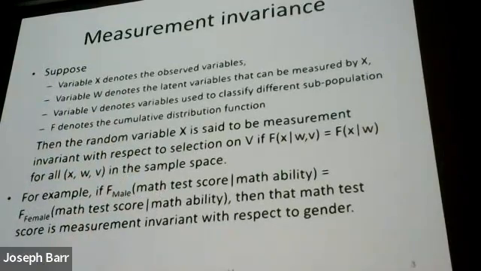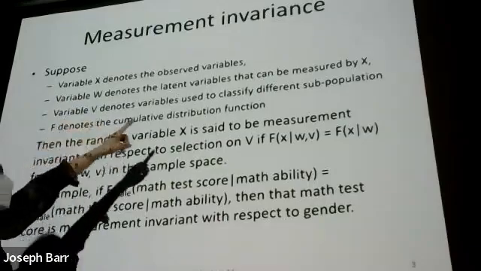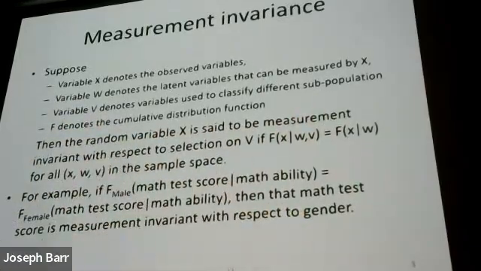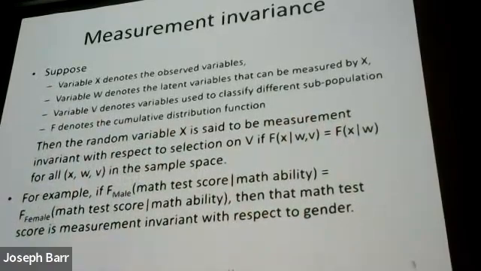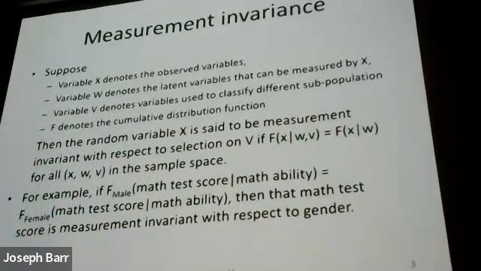X here are our test scores. W are our latent factors of X. X could be test 1, test 2, test 3, test 4. W is the latent variable we are trying to measure.